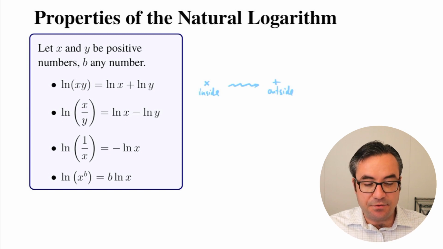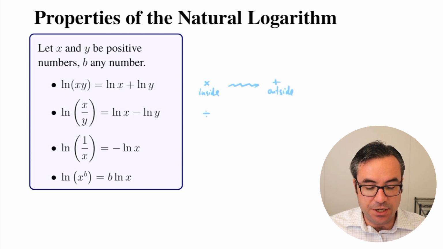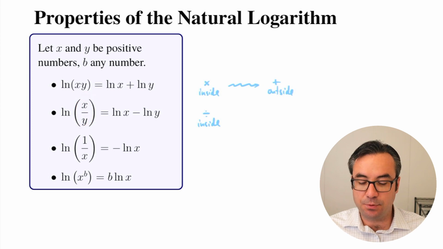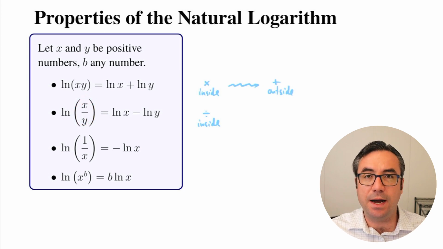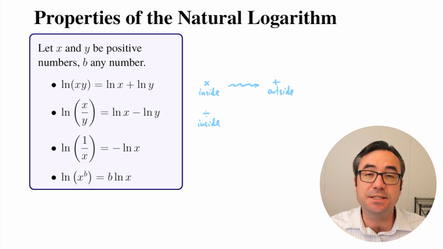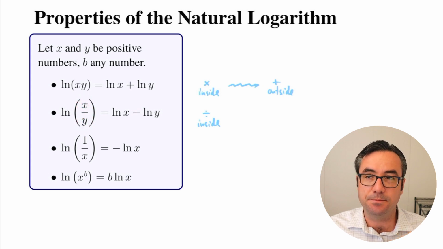And then the same kind of deal happens with division. If we have division going on inside of our log function, which we have right here, so for this next property, we have x divided by y inside the log function. What this property tells us is that this is equal to the natural log of the top term minus the natural log of the bottom term.